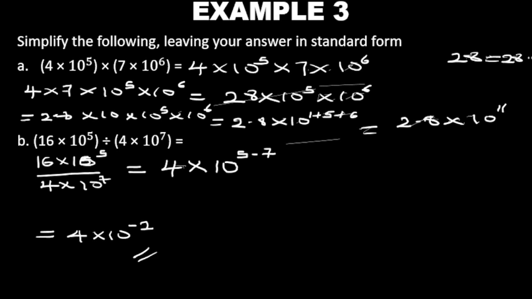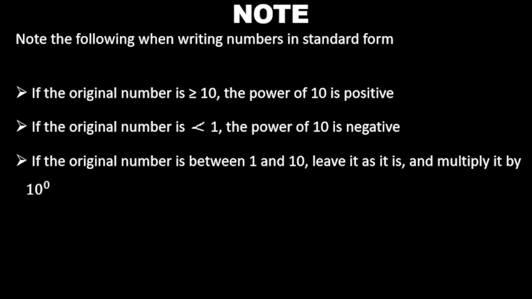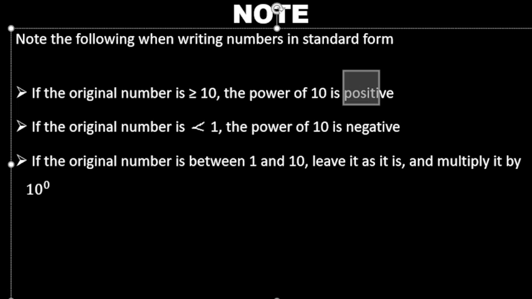So you can see, to express numbers in standard form, please take notes. If the original number is greater than or equal to 10, the power of 10 is positive. That is, when the original number is equal to 10 or greater than 10, the power of 10 is positive.